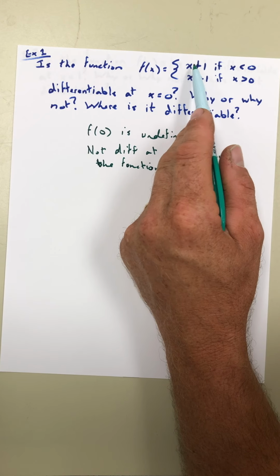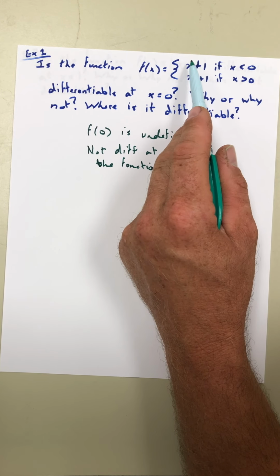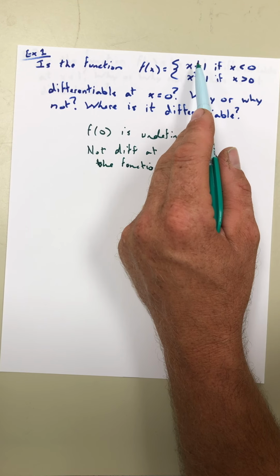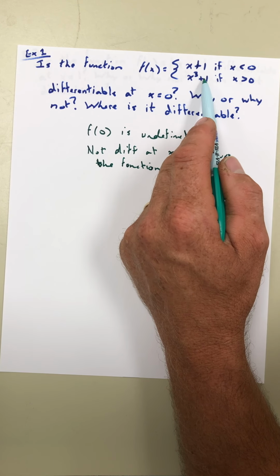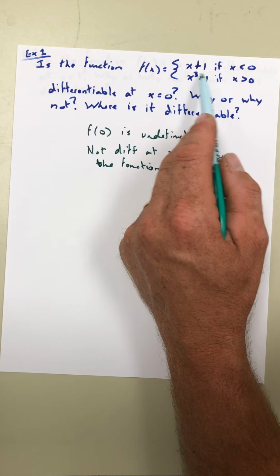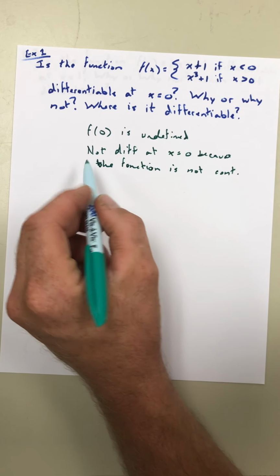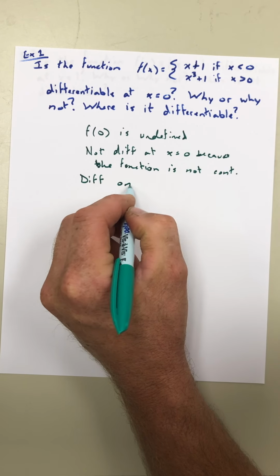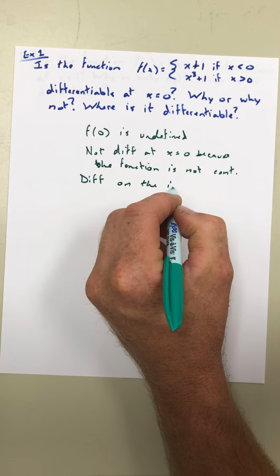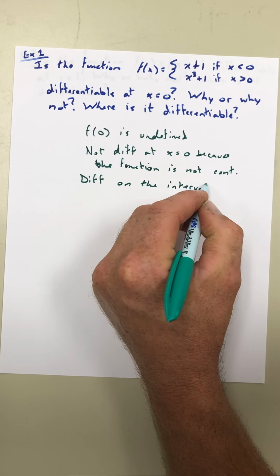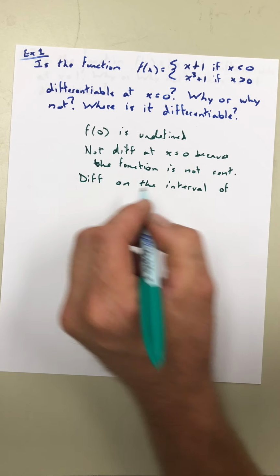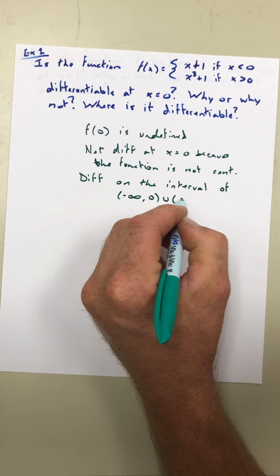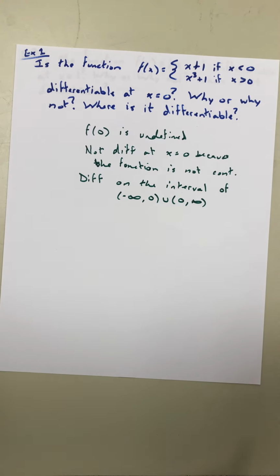Well, x plus 1, hopefully remember that is a linear function, and we know linear functions are all differentiable, and x to the third plus 1 is differentiable anywhere on that function. So it will be differentiable on the interval of negative infinity to 0, union 0 to infinity.